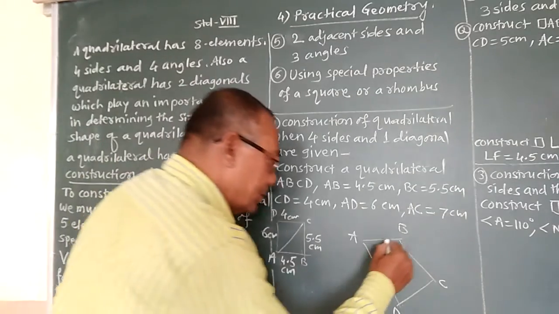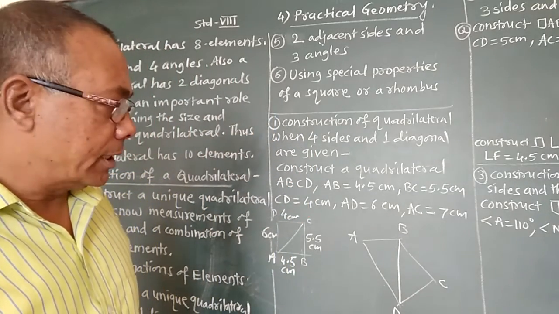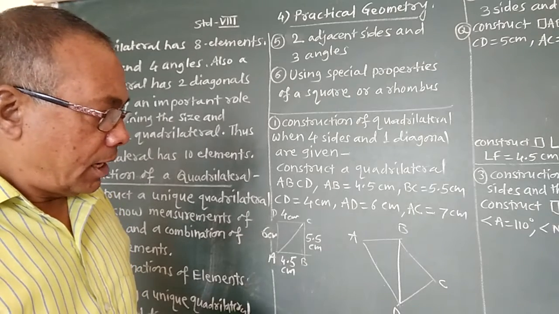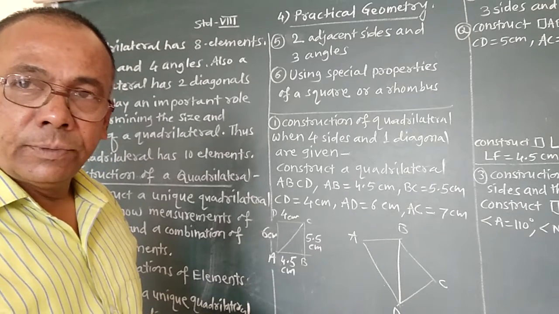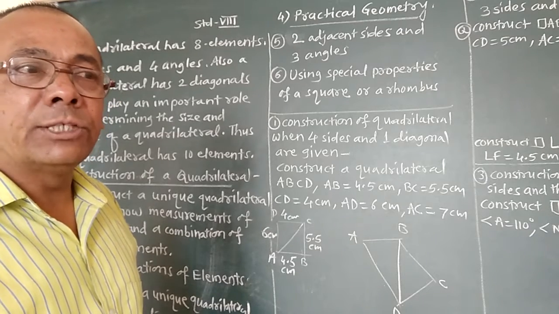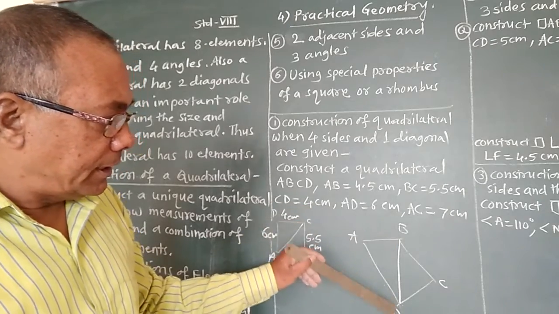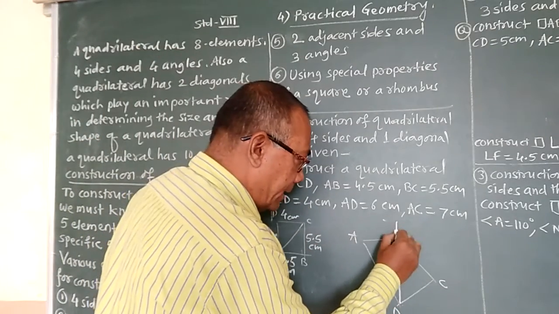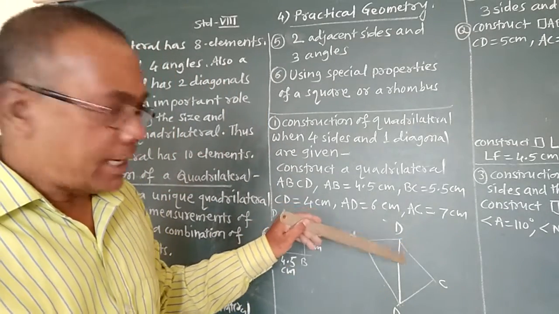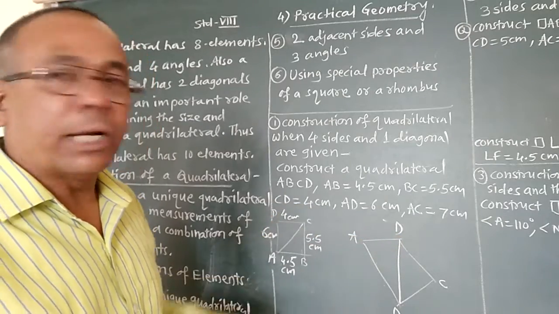Here we can draw the diagonal. In a quadrilateral, the line segment joining the opposite vertices is called a diagonal of the quadrilateral. Here B and D are the two opposite vertices, and the line segment joining BD is a diagonal.